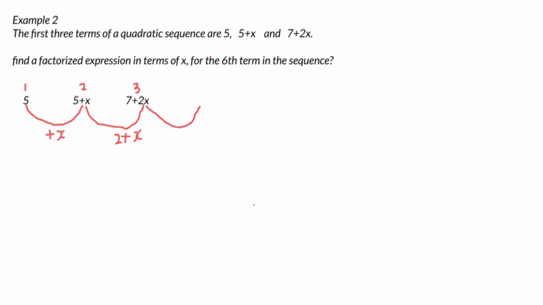So it's obvious from this, we can see the pattern. The common difference is, we're going to be adding 2 to the common difference, because the difference between this and this is 2. So for the 4th term, 5th term and 6th term, we're going to keep adding 2 to the common difference.